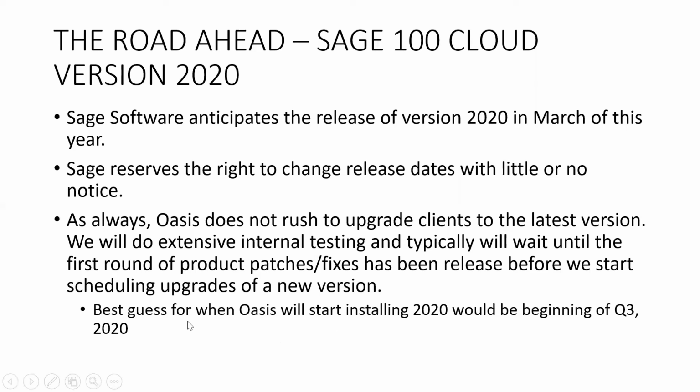So my best guess, if they do release it in March, is that we would probably start installing the 2020 version by the beginning of Q3 of this year. So again, that's best case scenario, and that's assuming that this new version does drop sometime next month. So if anybody has any other questions, please feel free to drop them in.